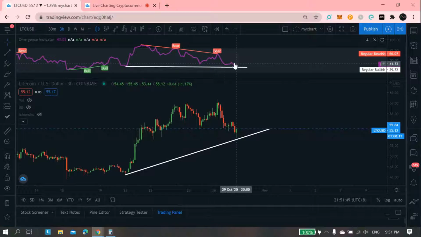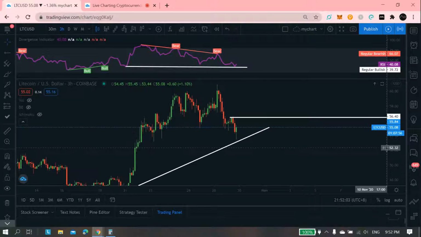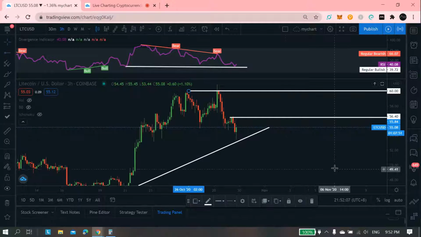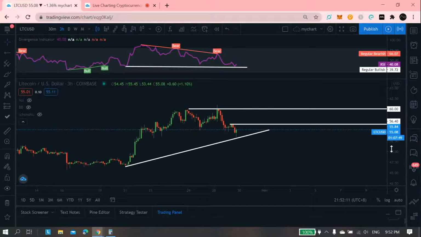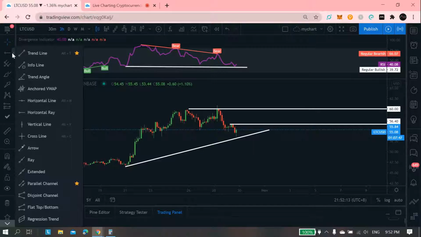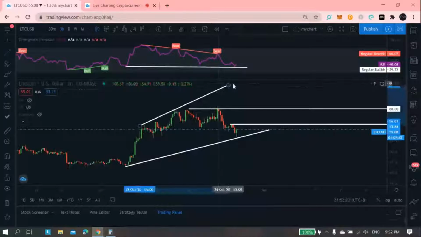So there, possibly we'll retest this area, the 66 area, and the next possible resistance I'm looking at is this one, the 56 area, and then this one, the 60 dollars. So wait, this is a 3-hour time frame, and it's actually widening.